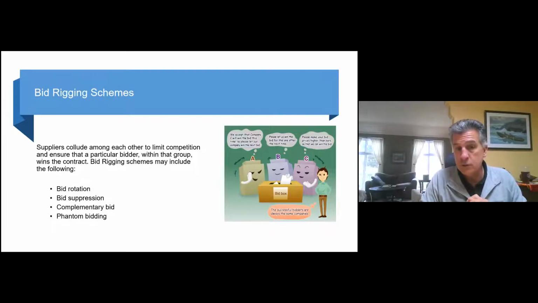Bid suppression, where members of the group actively work to suppress bids by others outside of the group. Again, this is in order to limit competition. Complementary bid, where members of the group just submit bids to make it look like there's even competition, but they're hoping that one of their members of the group wins based on a rotation scheme.